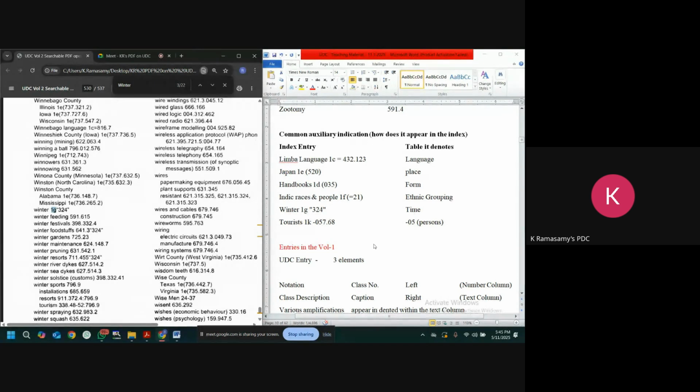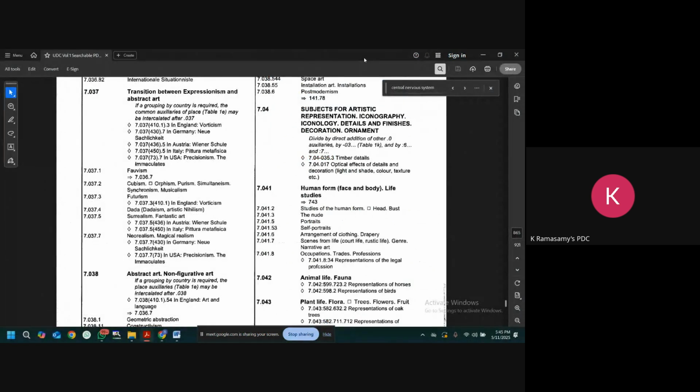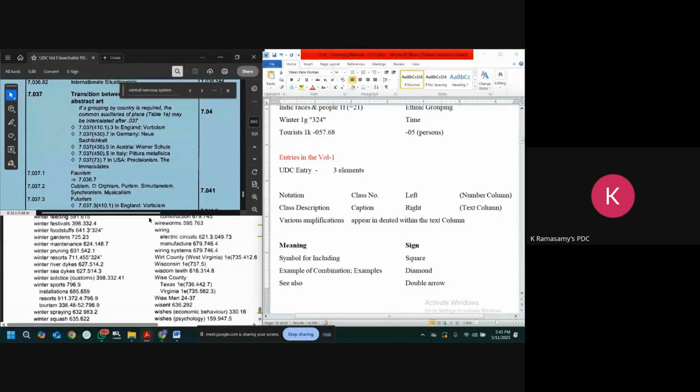Okay, fine. And in volume 1, how are the entries arranged and what do those arrangements mean to you? For example, I'll just show you here.